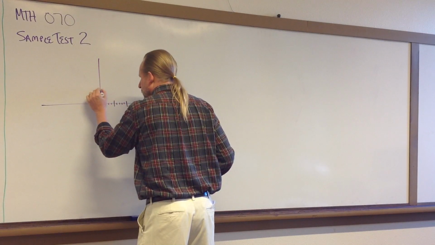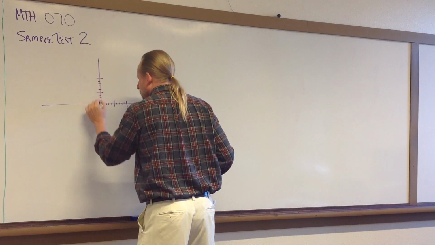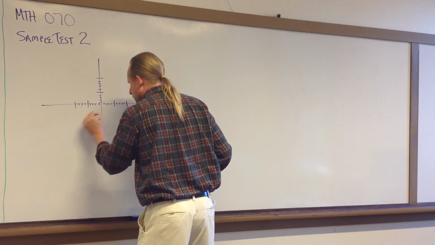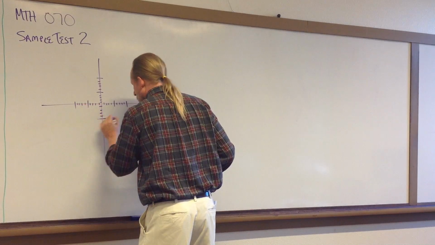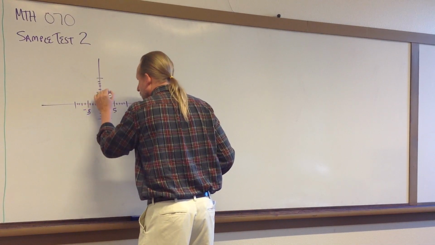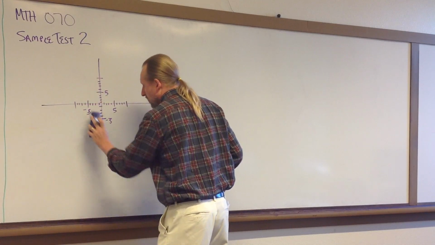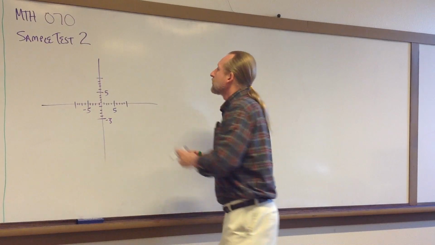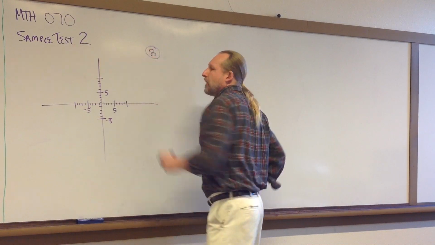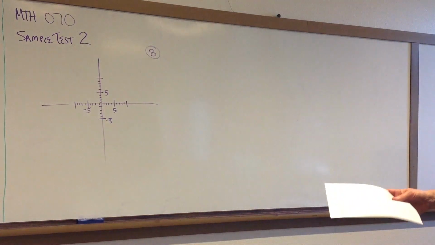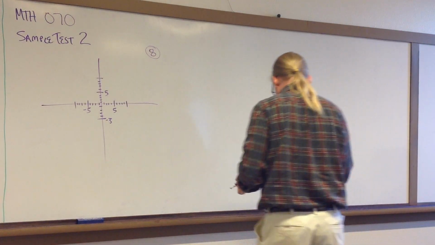It can be really hard to see where their intersection point is if you don't have a good grid. And it's good always to indicate the scale of your grid. Okay, so problem 8. Solve the system of equations by graphing.